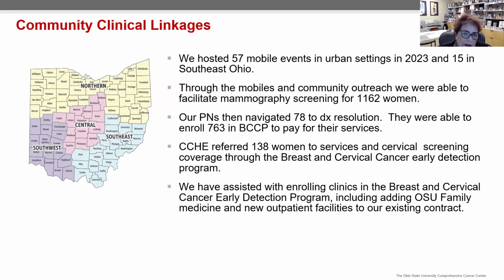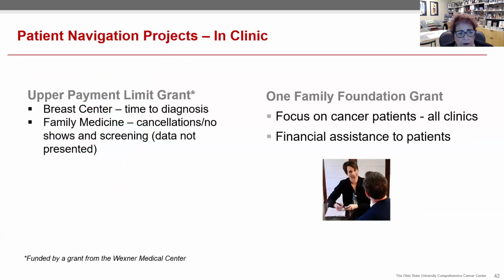Again this year, 1,100 women were reached, and then we navigated 78 women to diagnostic resolution, and we also enrolled 763 of those women in the breast and cervical cancer early detection program to pay for their service, and similar for cervical services, etc. We got another small grant called the upper payment limit, which was really to focus in the breast center on reducing the time to diagnosis and start of treatment.